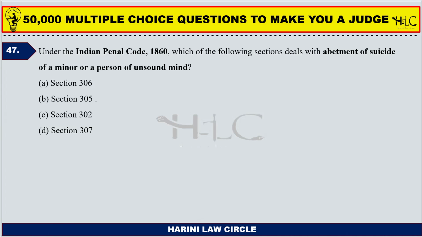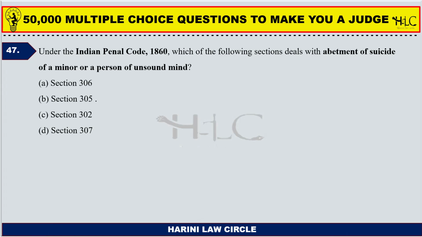Okay. Question 47. Under the Indian Penal Code 1860, which of the following sections deals with abetment of suicide of a minor or a person of unsound mind? So you abet a person to commit suicide or attempt to commit suicide or a minor or an unsound person, a lunatic.